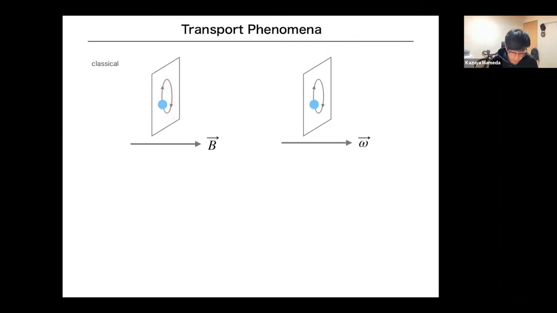Namely, we don't have longitudinal motion of the charged particle. Similarly, rotation cannot generate a longitudinal force like this. In that sense, they cannot generate transport phenomena.